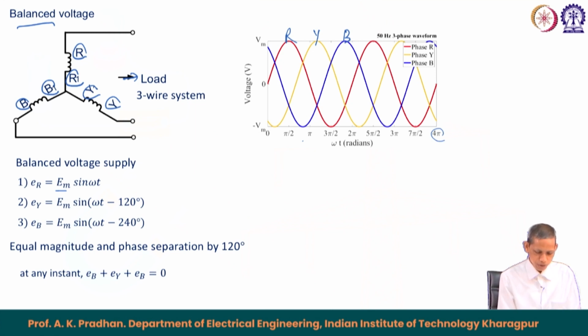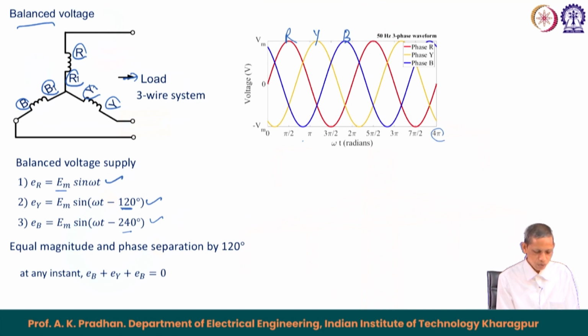The expressions for these voltages are E r equals E m sin omega t, E y equals E m sin (omega t minus 120), and E b equals E m sin (omega t minus 240). So we see that all these three voltages have a separation of 120 degrees from each other.